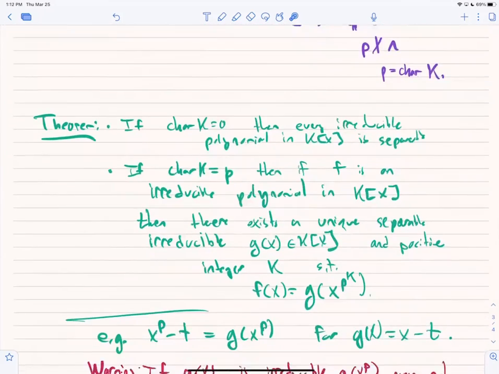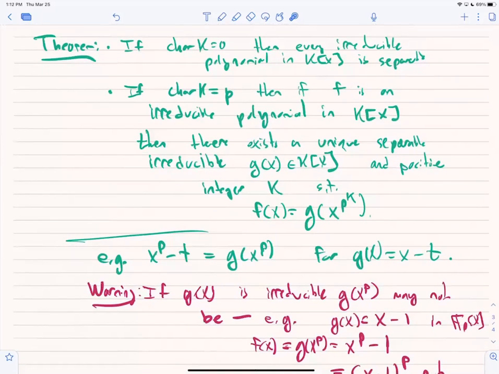Okay, so somehow we've introduced this issue that is subtle and surprising because it's not something you encounter classically, that you could have an irreducible polynomial that didn't have distinct roots. But now we've seen that, although this can happen, it can only happen in a very controlled way. And we've essentially already seen the only example in which this occurs. It can only happen in characteristic p, and only when you take some separable polynomial and substitute some power of p in.